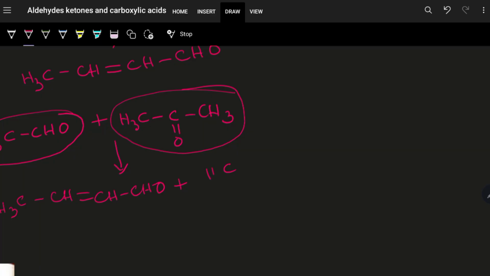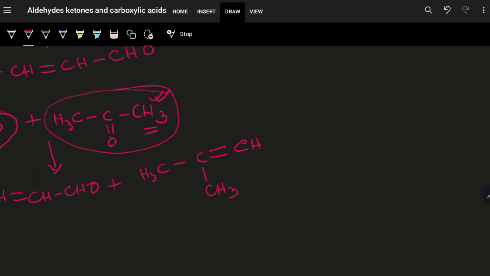How? Say you write it CH3CCH3. Project the double bonded O. Remove H2 from another mole and you are left with 1H because there is CH3. So 1H and the rest of the structure C double bonded O CH3. That is, removal of H2O from 2 moles of this compound will give you this. So you got 1 pair.